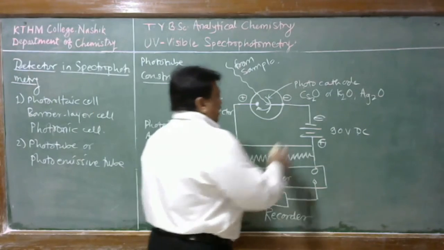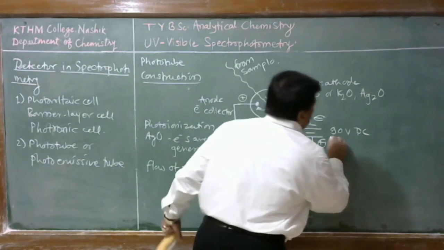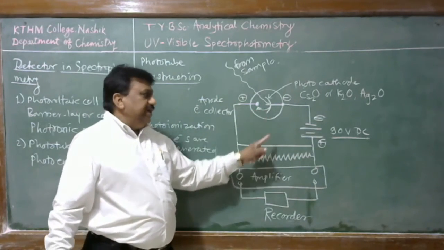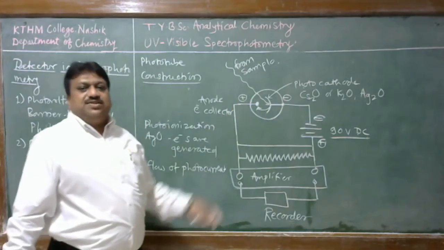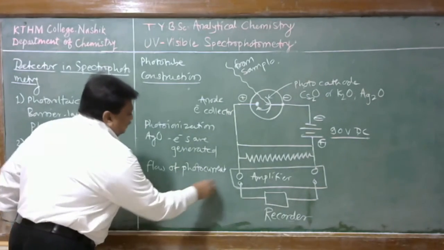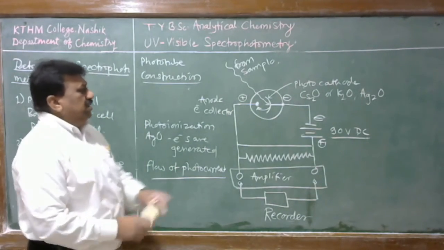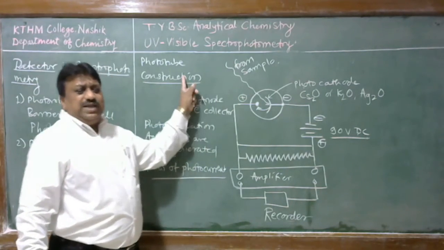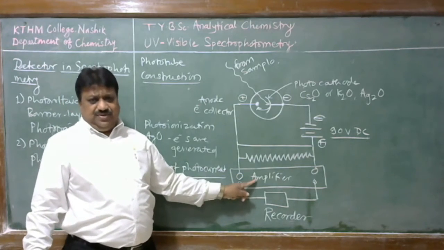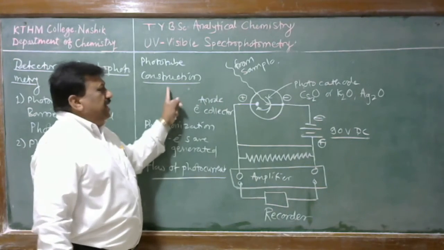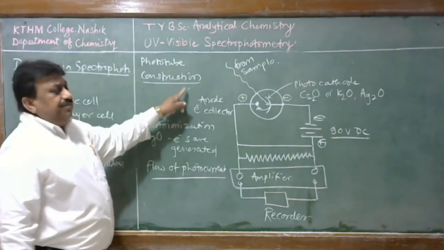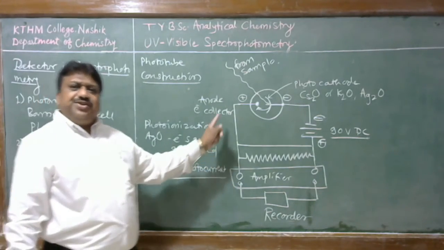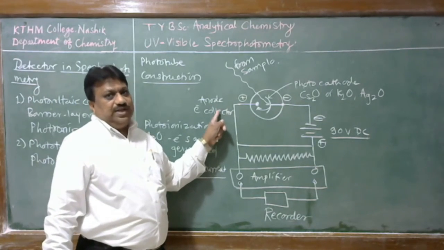This cell is connected with a 90 volt DC power supply, therefore the ionization process is faster. This phototube is more sensitive than the photovoltaic cell because of the amplification. Amplification is not possible in the case of the photovoltaic cell.